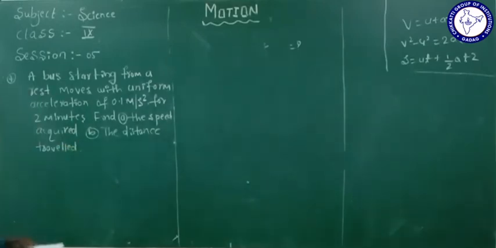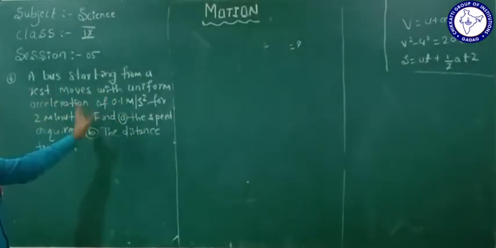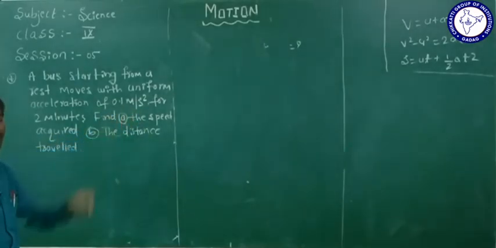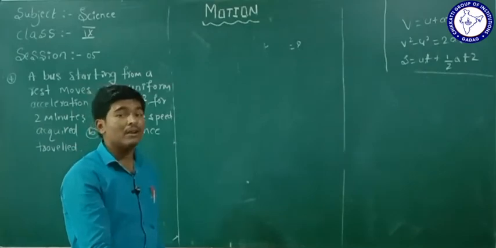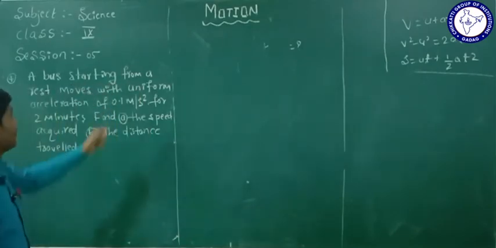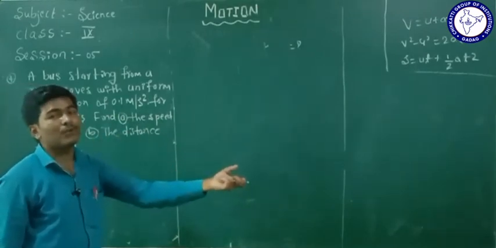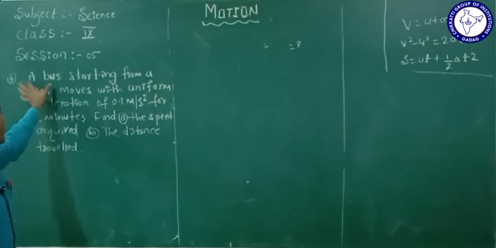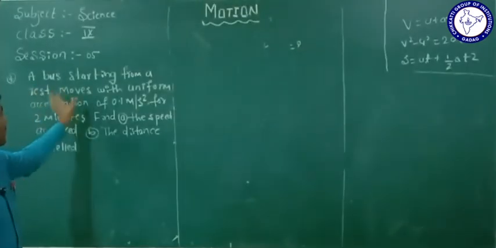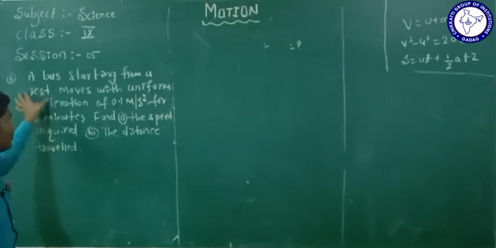Once again you have to read the given problem. A bus is starting from a rest, moves with a uniform acceleration of 0.1 meter per second square. They clearly give here a bus is starting from a rest. From a rest means the initial velocity of the bus here is u is equal to 0.